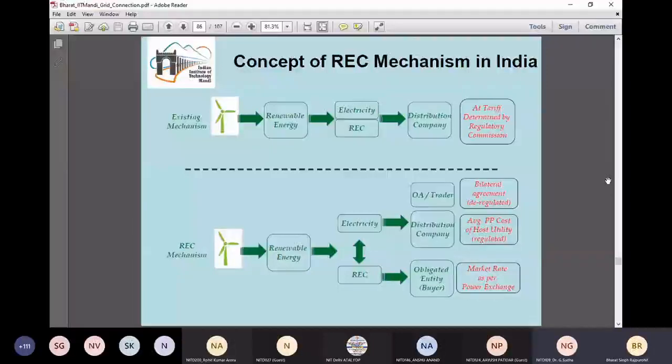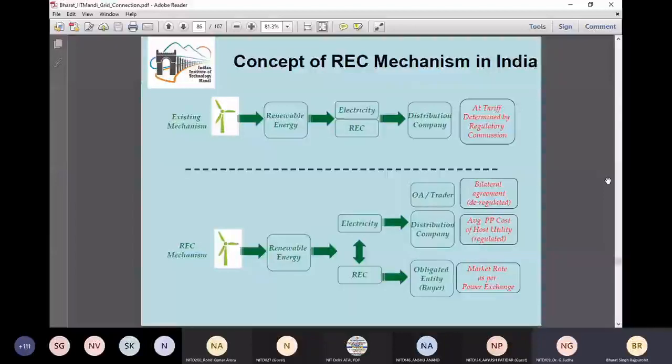So instead of 4.5 rupees as a preferential tariff, they will get 2.5 rupees for the electricity component. And then the remaining money is going to come from a certificate. So this certificate should be at least 2 rupees for that unit of energy. Otherwise, the preferential tariff mechanism is better, or this REC scheme is going to give a loss to the wind farm operator.